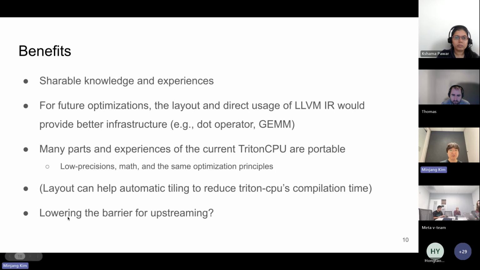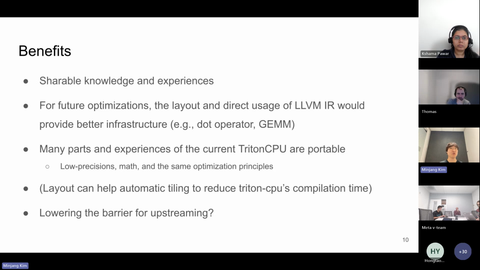Another good point is that many parts of the current Triton CPU are really portable. And this is another advanced topic I don't want to discuss today. The biggest challenge in Triton CPU right now is a very long compilation time, because the block size is pretty big compared to the GPU. I believe a layout can help with a kind of automatic tiling to reduce the compilation time, because we can also apply multiple threads and the warp concept in the CPU.